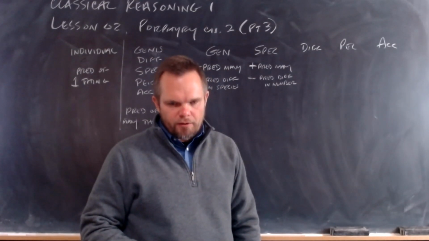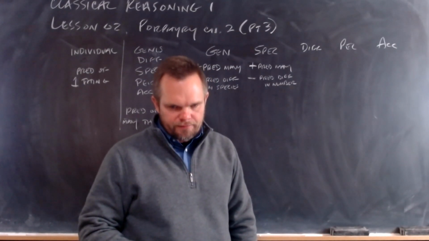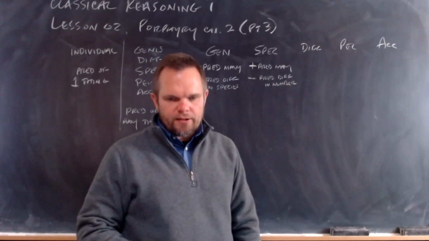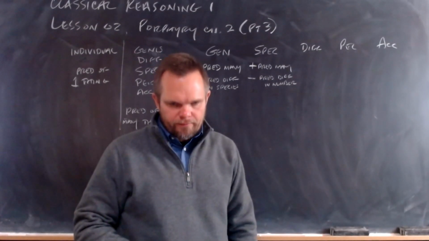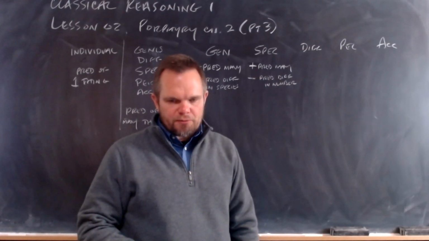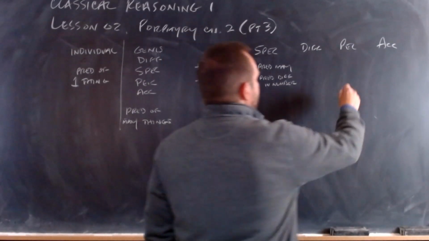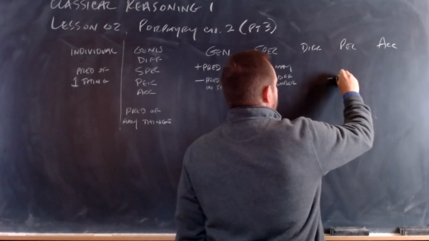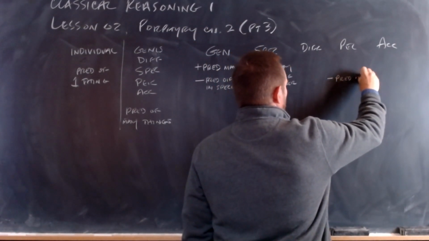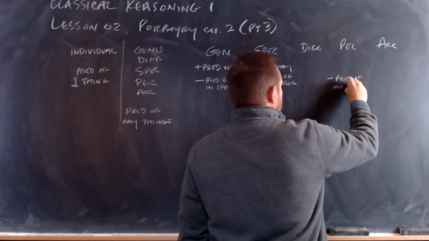Genus differs from peculiarity in this. Genus differs from peculiarity. Peculiarity is predicated of one species alone.